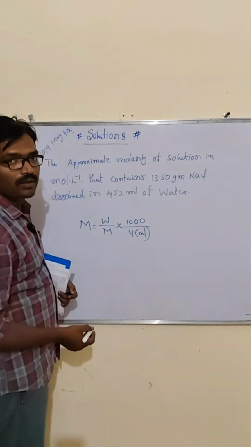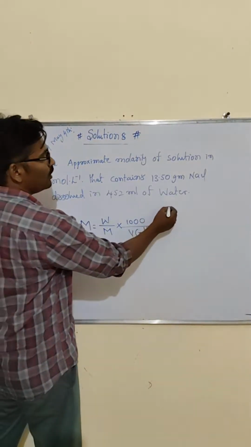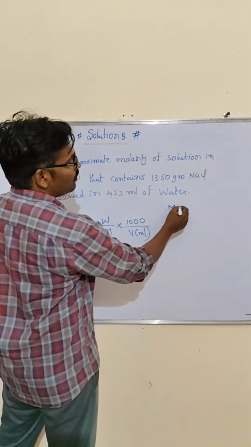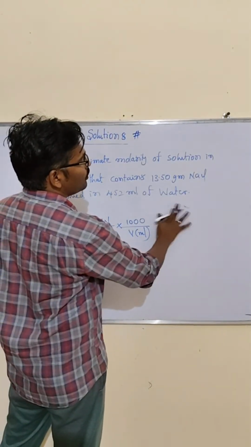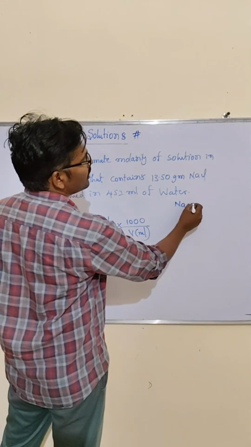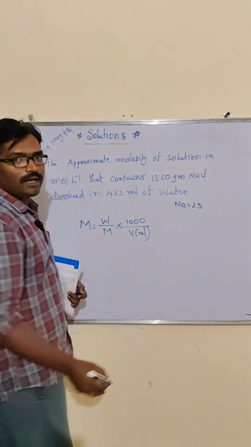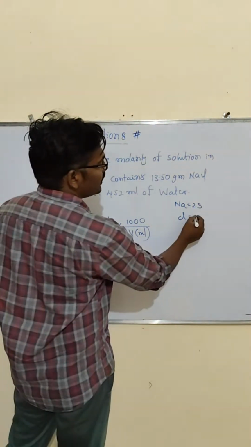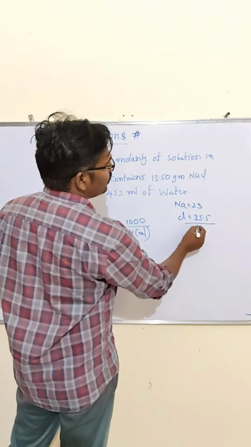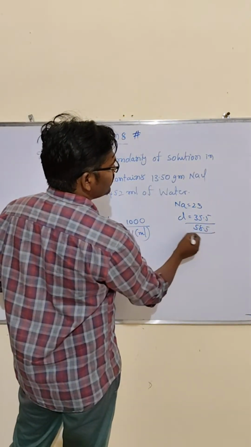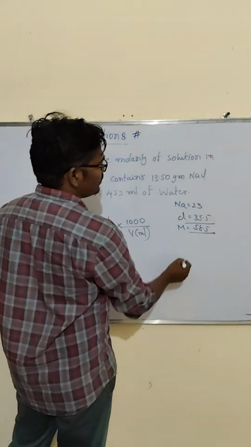So for NaCl, to find the molecular weight you have to take Na, how much is there? Sodium 23, right? Then chlorine is 35.5, total 58.5. This is the molar mass of NaCl.